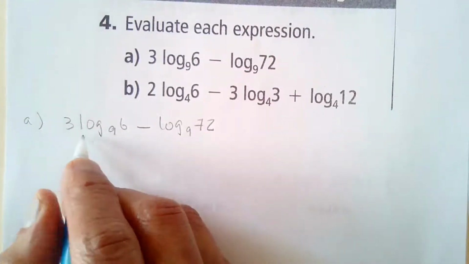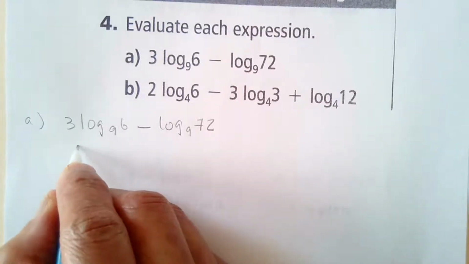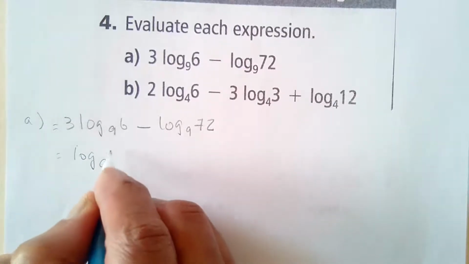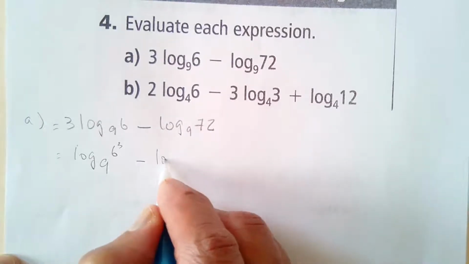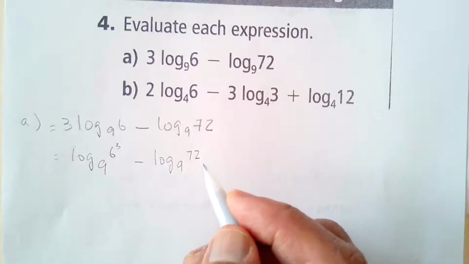So this gives me log of 3 minus log 9 of 72.